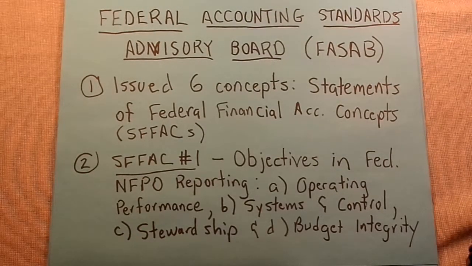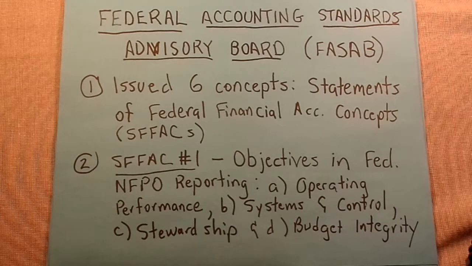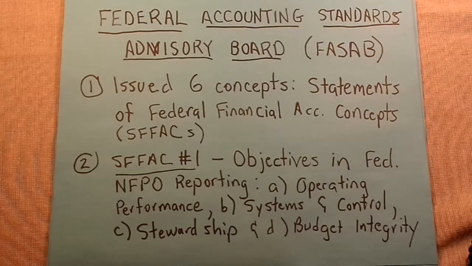One of the things that we really need to start off with early in the class is trying to figure out where the authority comes from. Where do the rules come from? So we have something called the Federal Accounting Standards Advisory Board, FASAB. Basically, this by itself is a private group that's given authority by the government to set standards for federal financial reporting.